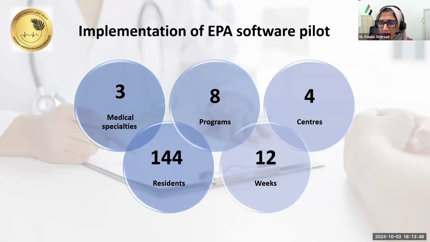Now, one thing which I would like to tell you about is that our implementation has been delayed a little bit because of the administrative processes that it has to go through. But in the meanwhile, what we plan to do is that we will update ourselves about the requirements of EPAs, about the actual EPAs, which will be distributed to the trainees so that they are aware of what their requirements are.